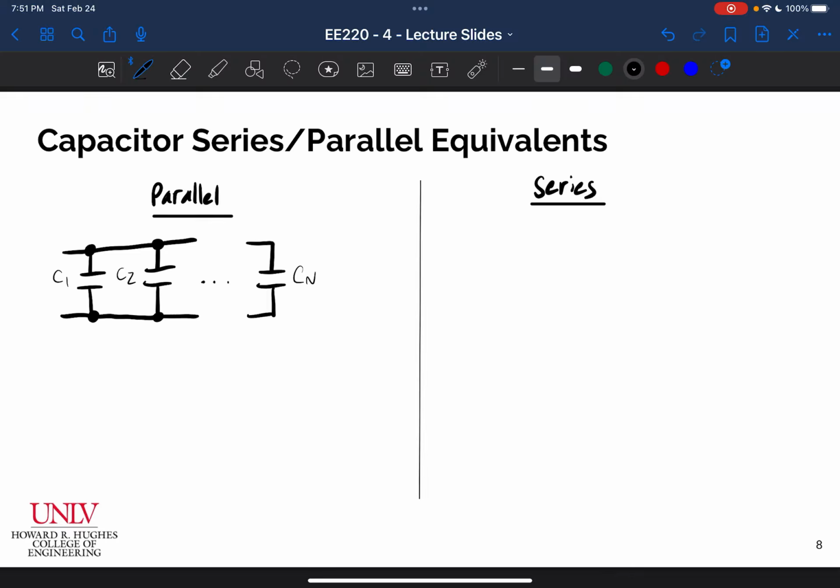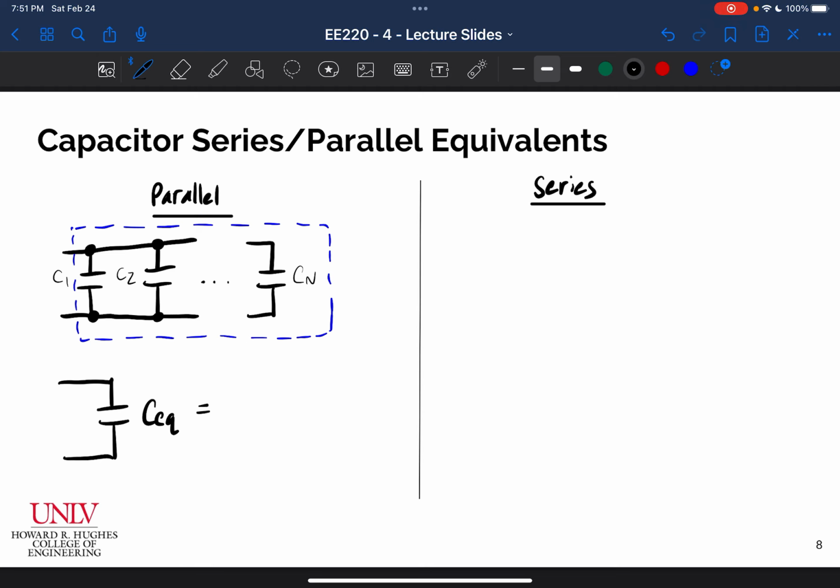So if I were to draw my little blue box and I want to replace all these capacitors with one equivalent capacitance, like this would be my C equivalent, and that would be equal to C1 plus C2 plus all the way out to Cn. You just add capacitors in parallel and that gives you the equivalent capacitance.